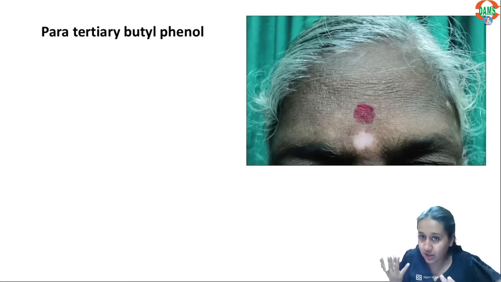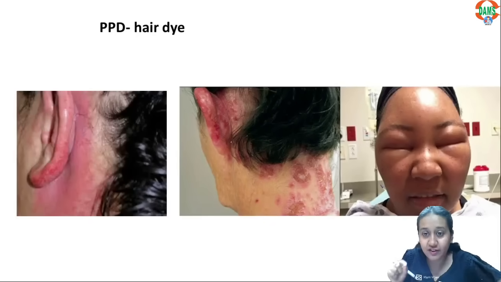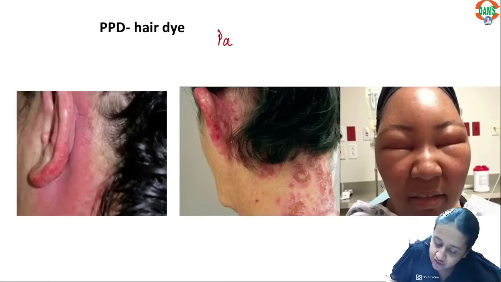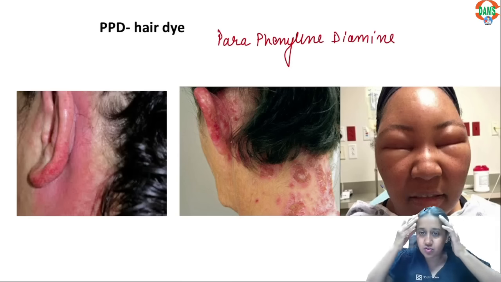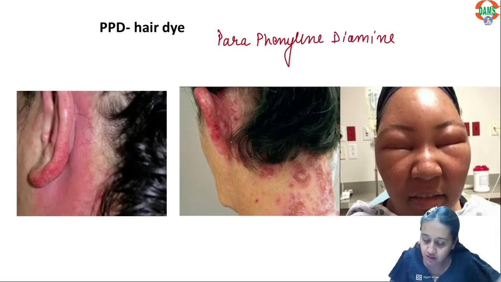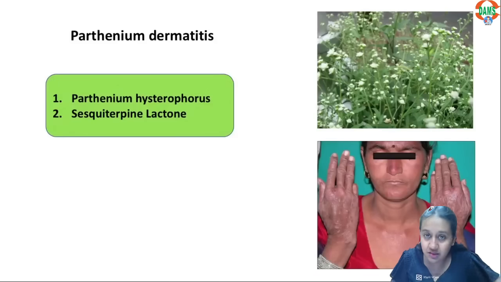Let's discuss some more allergens. So we have PPD, which is paraphenylene diamine. It is a feature of hair dye. So if somebody applies hair dye, you can see the lesions on the neck, on the face as well. Then Parthenium due to plant, you can see Parthenium dermatitis.